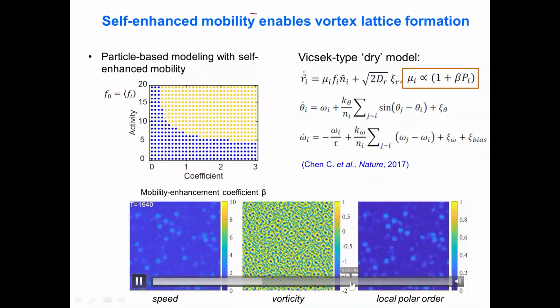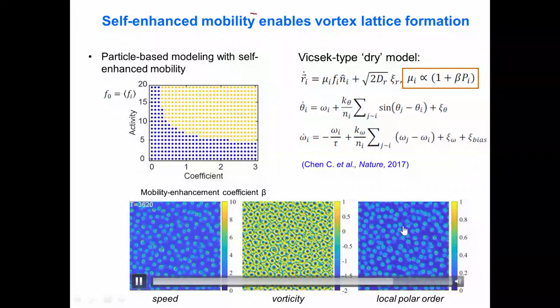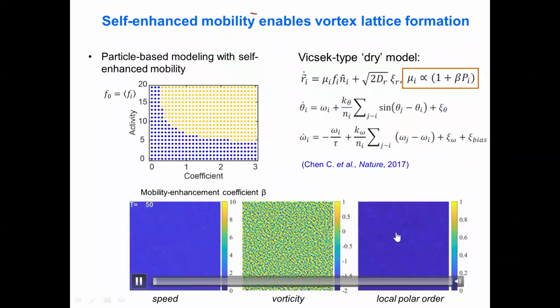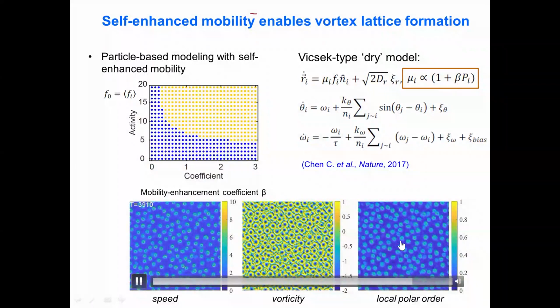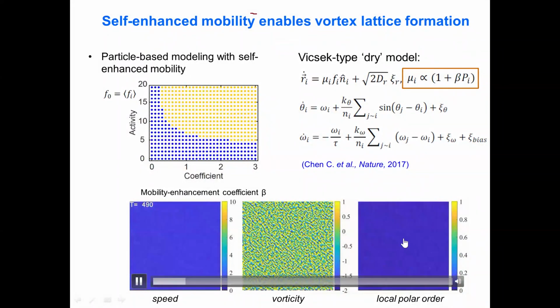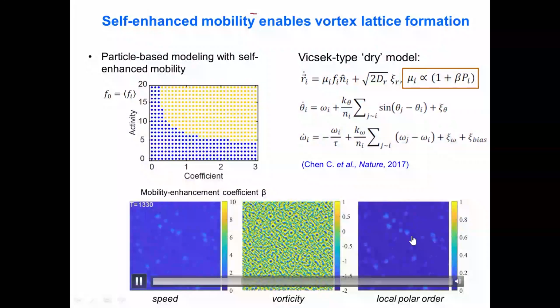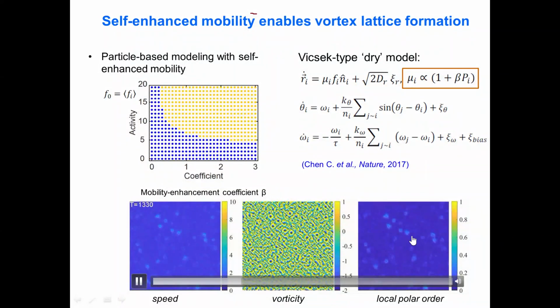You might argue that the vortex lattice we obtain here in this particle-based model is still not very similar to the experimental one. It's less ordered compared to the experimental one. So we attributed this fact to the missing of hydrodynamic interaction between particles in this model.